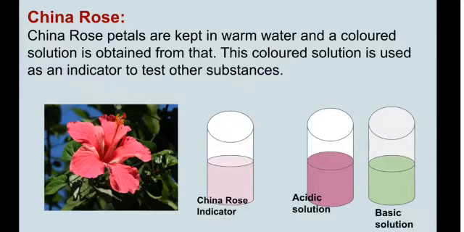If we put some acidic solution into the China rose indicator, the color will change. The light pink color will change into dark pink color. It means the solution is acidic in nature. And if we put some basic solution into the China rose indicator, the light pink color will change into dark green color. It means the given solution is basic in nature. So with the help of the China rose indicator, we can check whether the solution is acidic or basic.